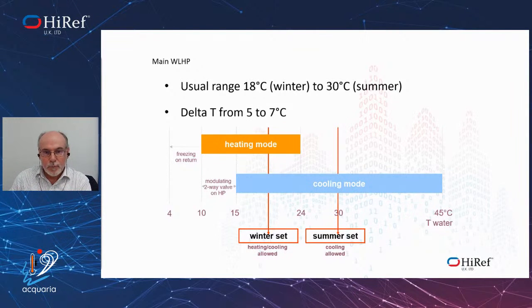But the problem is that because it's not normally insulated, you can't go too cold, otherwise you can get condensation problems, because of the lack of insulation. And so you have to be careful about when you're going to introduce heat and how much heat you're going to put in there to keep that temperature above the minimum temperature of 10 degrees.